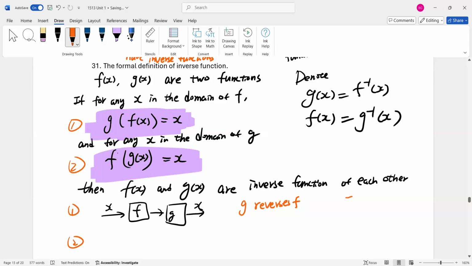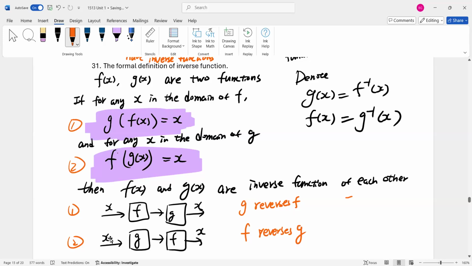That's why we have x come out as the output. You give a cow, and you have a cow come out, right? So that means g reverses f. If the other way around is also true, for any input in the domain of g, if the input goes through g first and then through f and comes out as itself, that means f also reverses g.